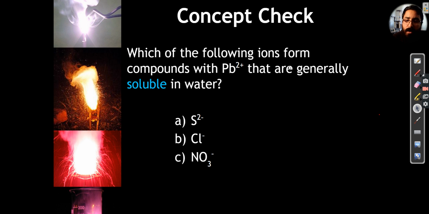So, which of the following ions for compounds with Pb plus 2 are generally soluble? So, Pb plus 2 is usually solid, but when it's bonded to one of these, it's aqueous. Now, I said something about NO3.